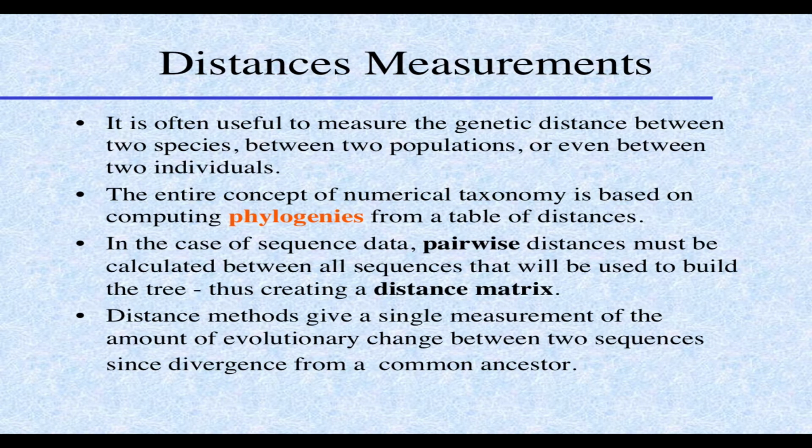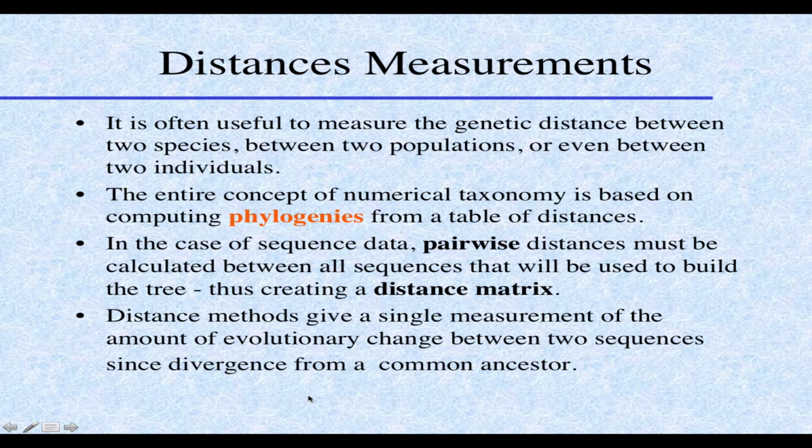So we're going to talk about distance measures first because it has such a nice parallel with what we did in multiple alignment with talking about ClustalW. So you can measure the genetic distance between two species, two populations, two individuals, or more generally between two sequences. You calculate the pairwise distance from the alignment. And then you calculate a distance metric.